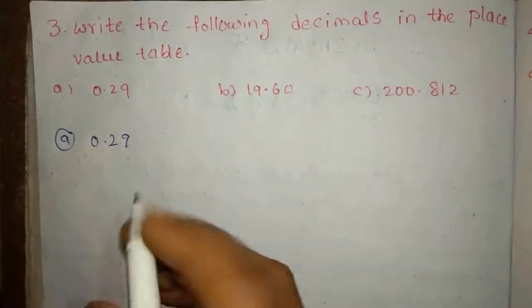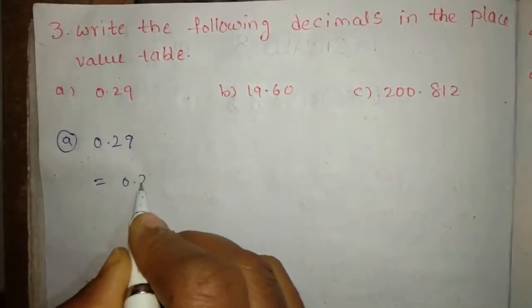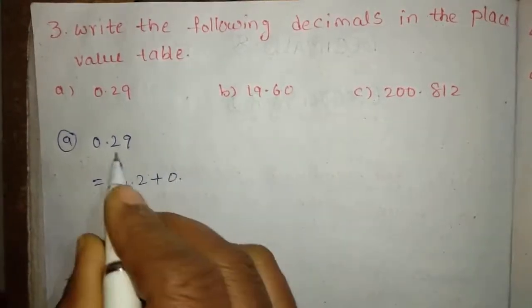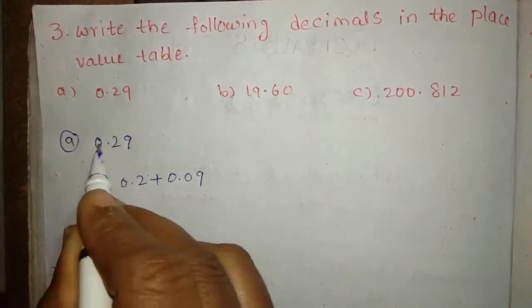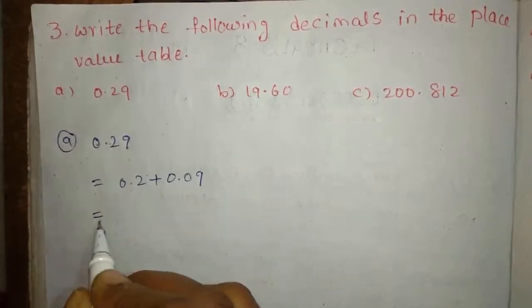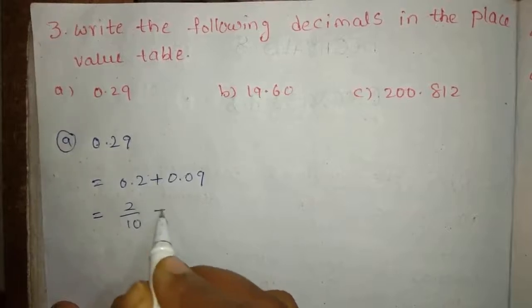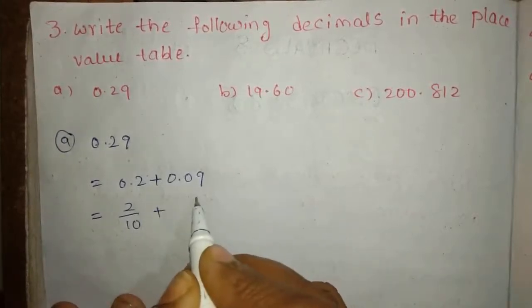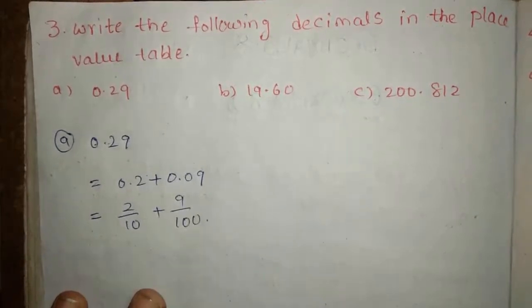Now, first we expand this form. 0.29 is equal to 0.2 plus 0.09. It can be written as 0.2 means 2 by 10, 0.09 means it can be written as 9 by 100.